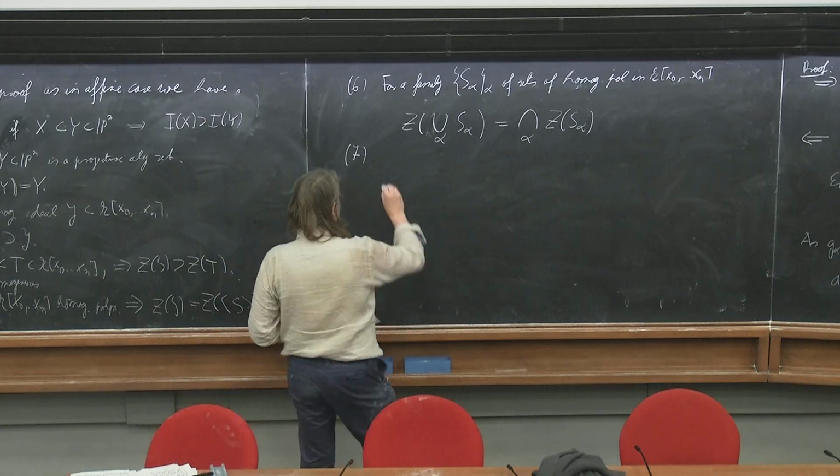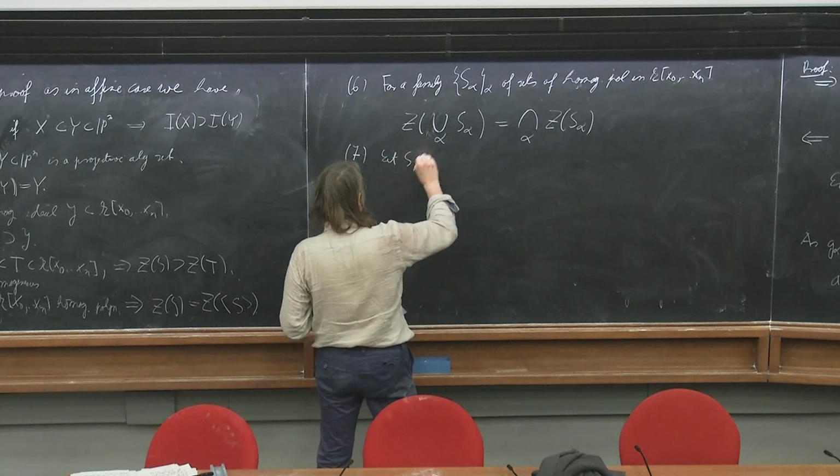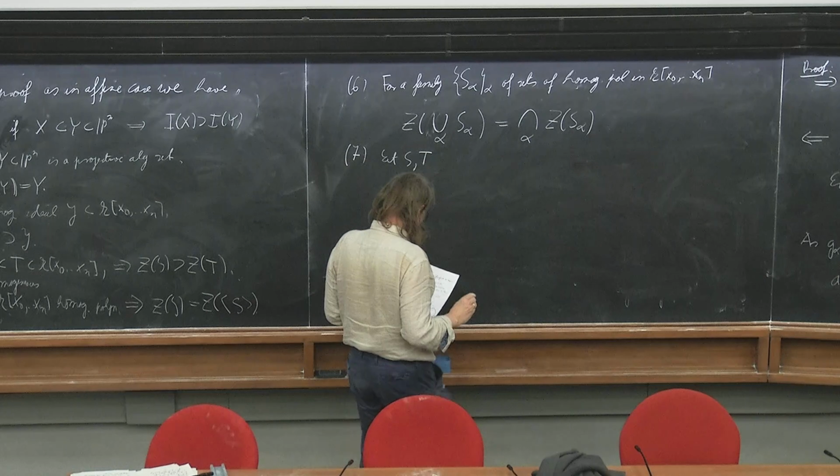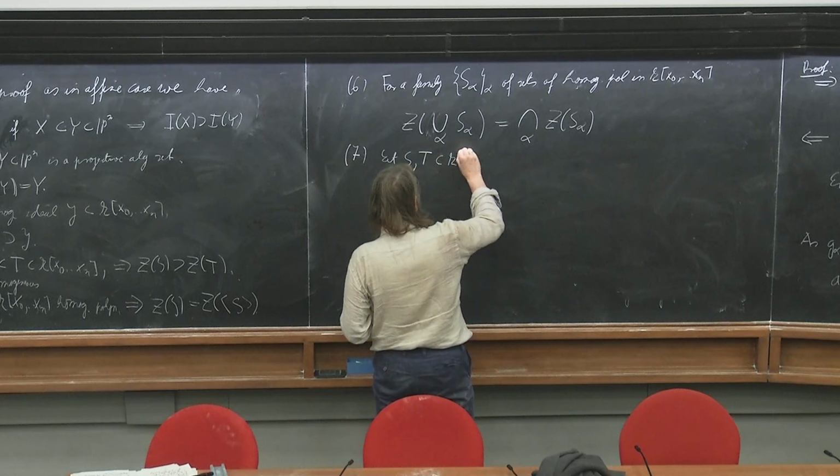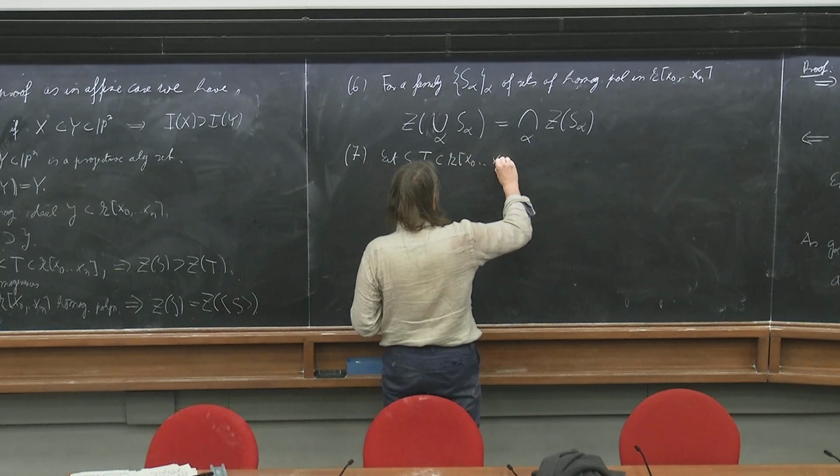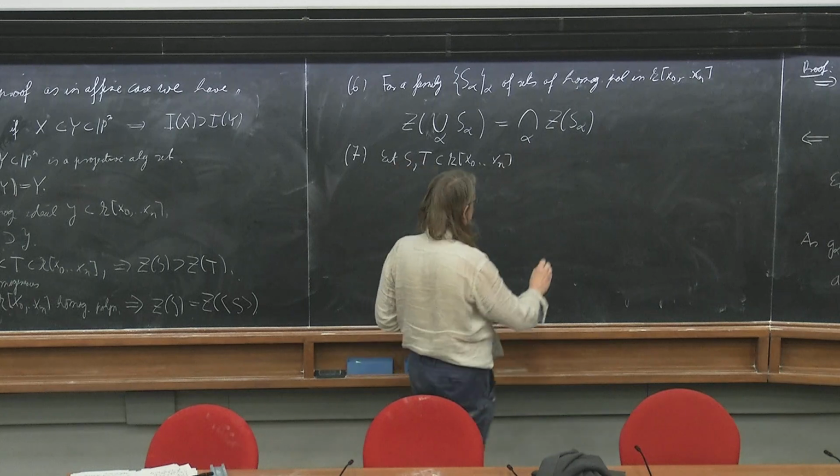And seventh, let S and T be sets of homogeneous polynomials in K[x0,...,xn].